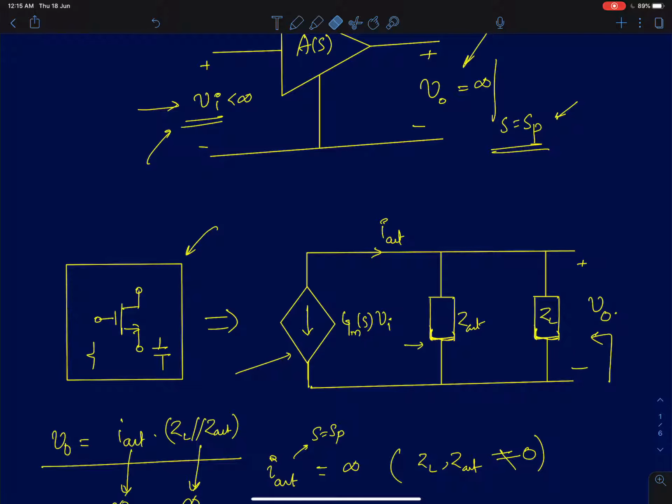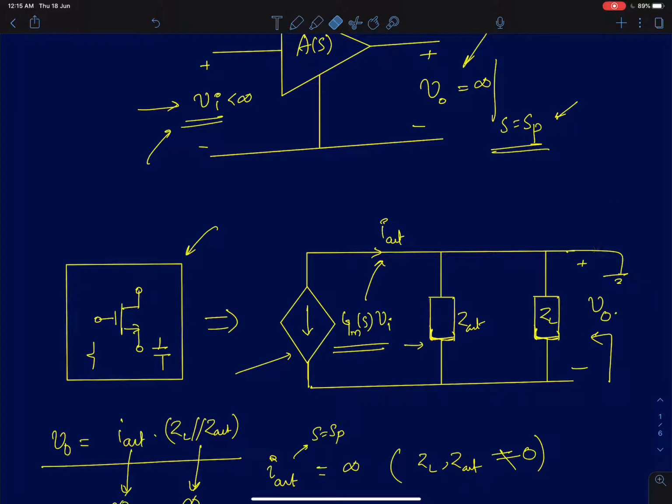This voltage controlled current source Gm times Vi, I'm going to call I out. So this I out can be measured by short circuiting the output and keeping the input alive. Vi is finite, and we measure the current flowing through this short circuited output node.